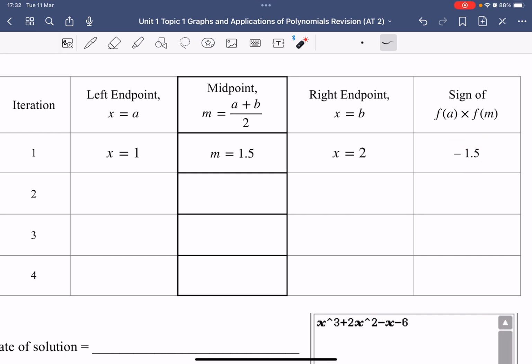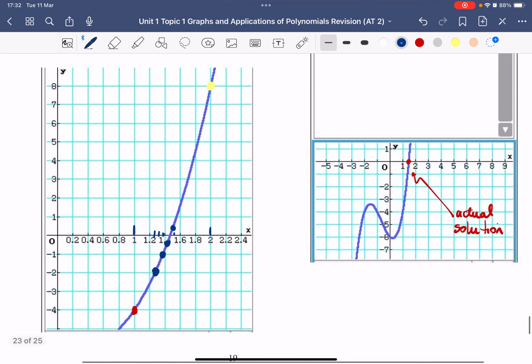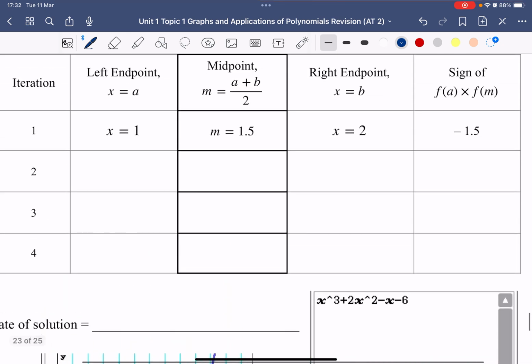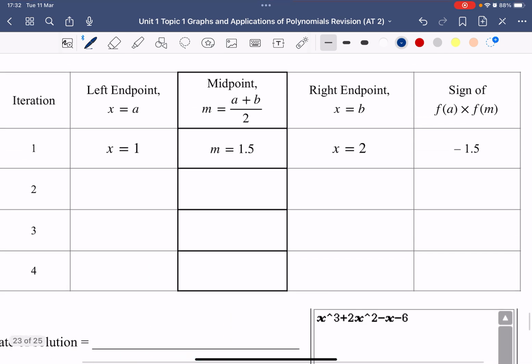Because it's negative, our new endpoints, as I showed you on the graph, it's going to be this section. One way we show that is like this.